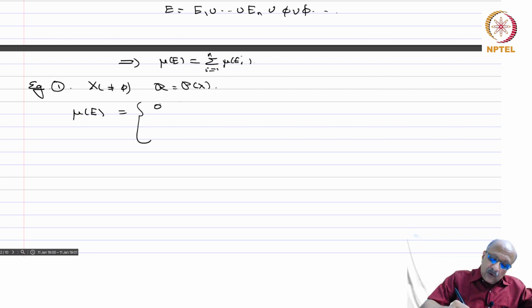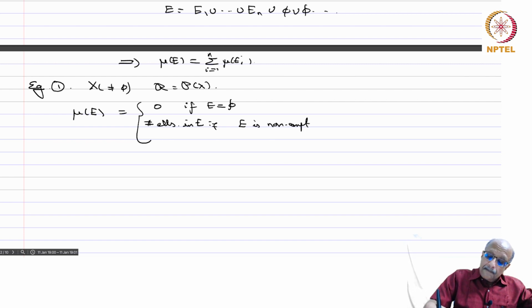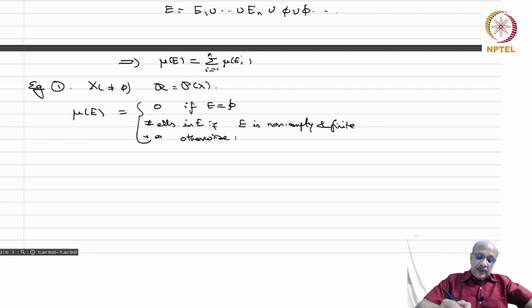This will be 0 if E is empty, the number of elements in E if E is non-empty and finite, and plus infinity otherwise. So if you have an infinite number of elements in E, then you put mu E equal to infinity.